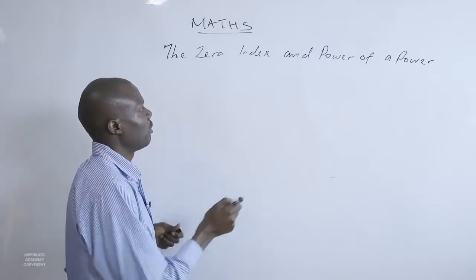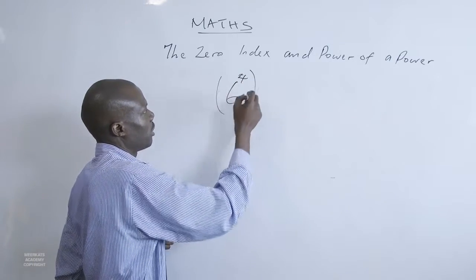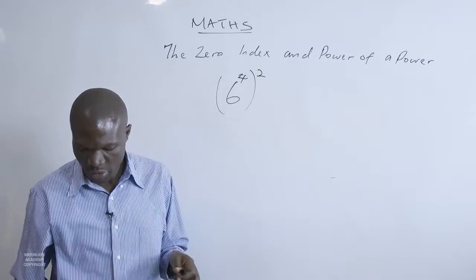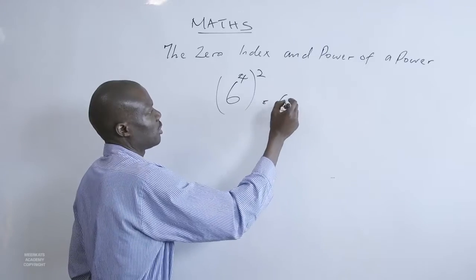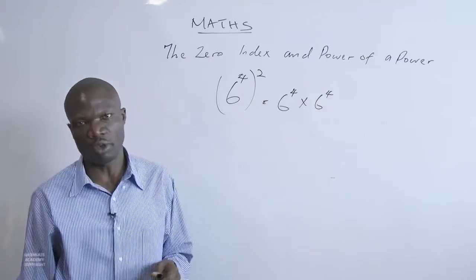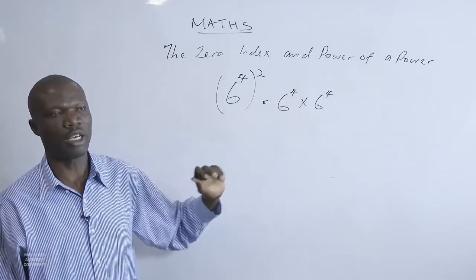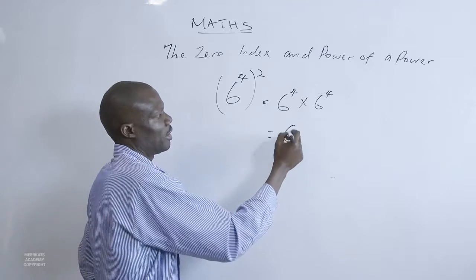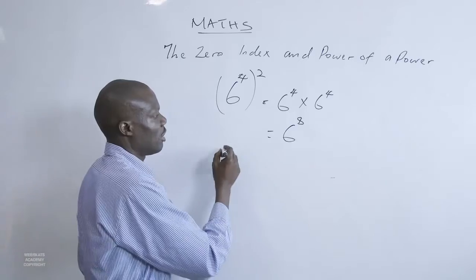Similarly, it can be observed when you have 6 raised to 4 in bracket, raised to 2. This is the same as 6 raised to 4 times 6 raised to 4. The base is the same, so we add the powers and find 6 raised to the power of 8.